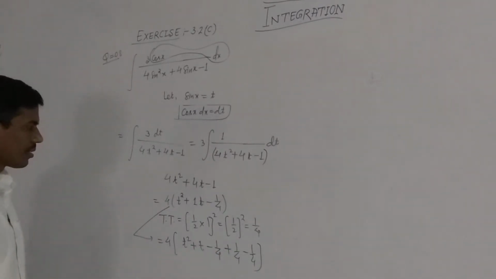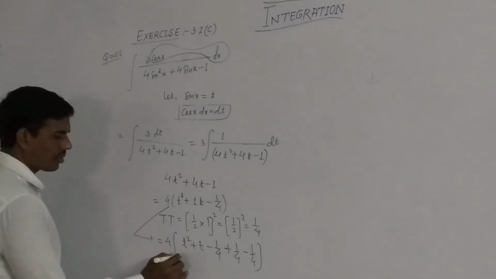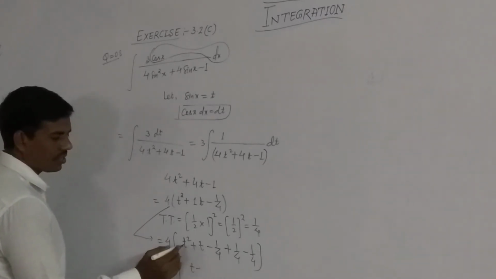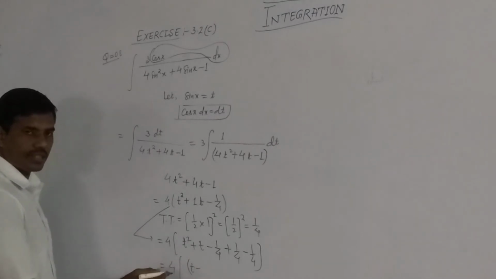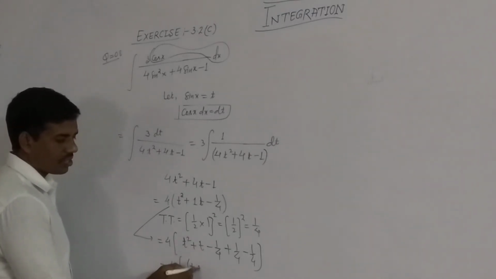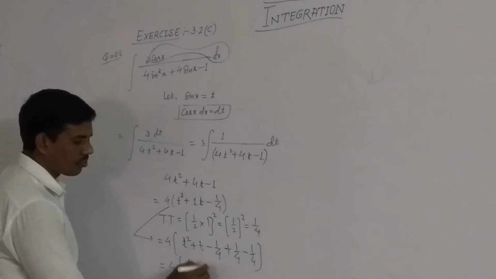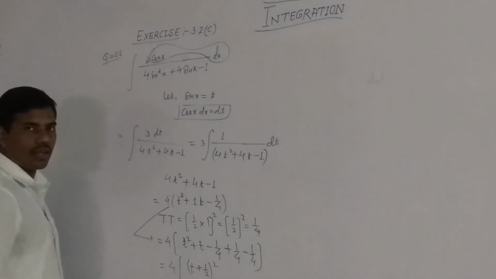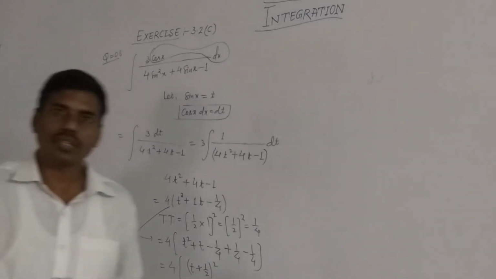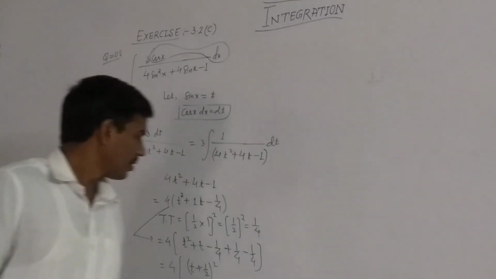Clear? And this is equal to 4 times t plus 1 by 2 to the whole square, taking the square root of t square, that is t, and dividing the coefficient of t by 2. Now we have to check which 3 terms are included in this bracket.